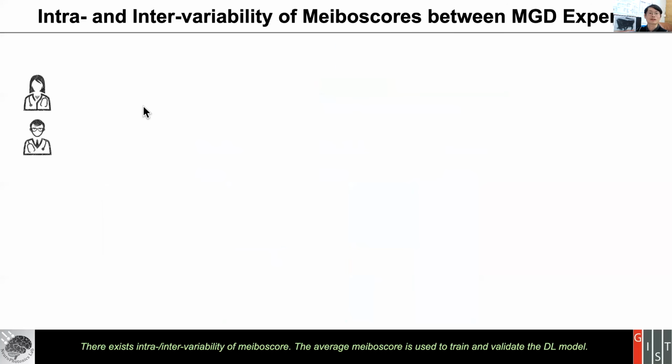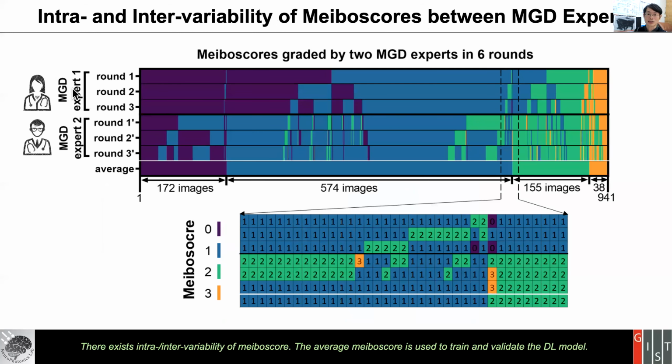And then we are curious about the intra and inter-variability of these scores by even these experts. And here are the results. MGD expert 1 did 3 rounds, expert 2 did 3 rounds. And the color shows the Meiboscore from 0 to 1 to 3.